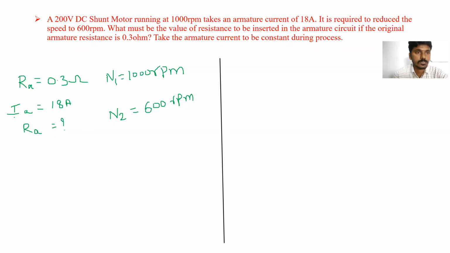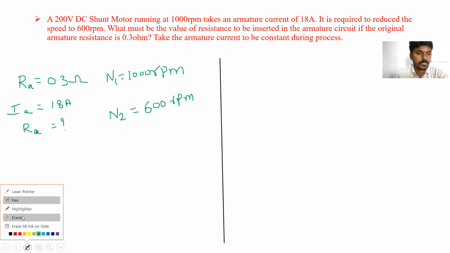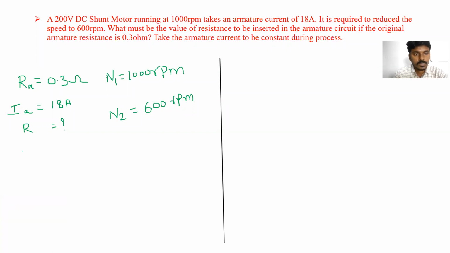So how can we find out this resistance? How much extra resistance is to be inserted? For example, the extra resistance inserted in series with the armature circuit is R. If we find the total resistance, for example X ohms, then we can easily find out R is equal to the total resistance minus Ra.